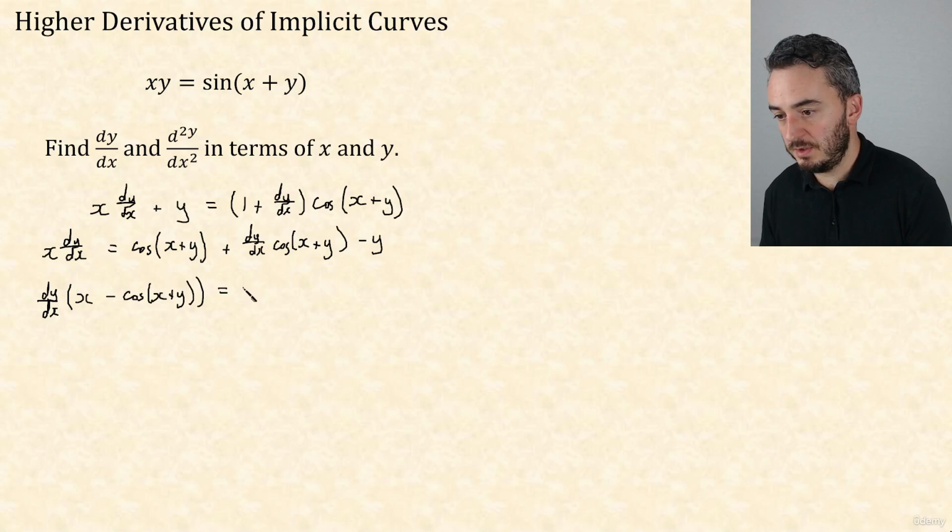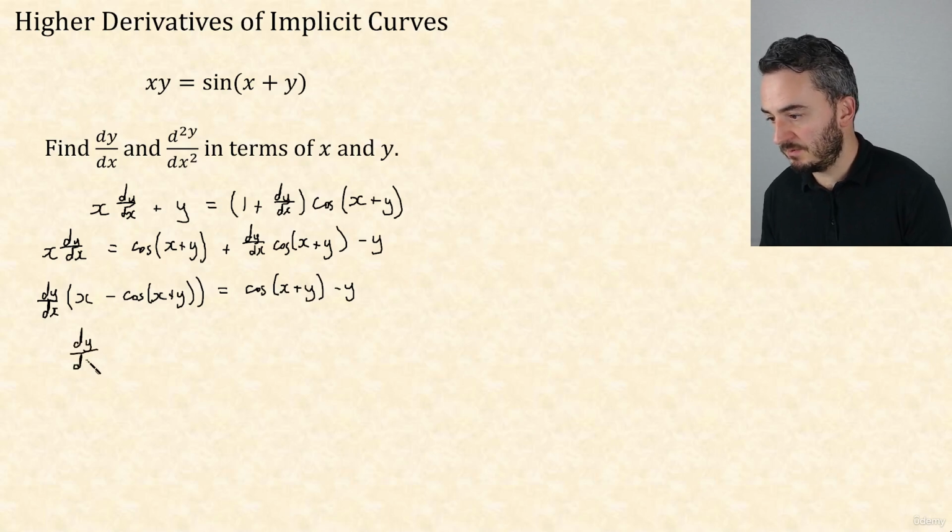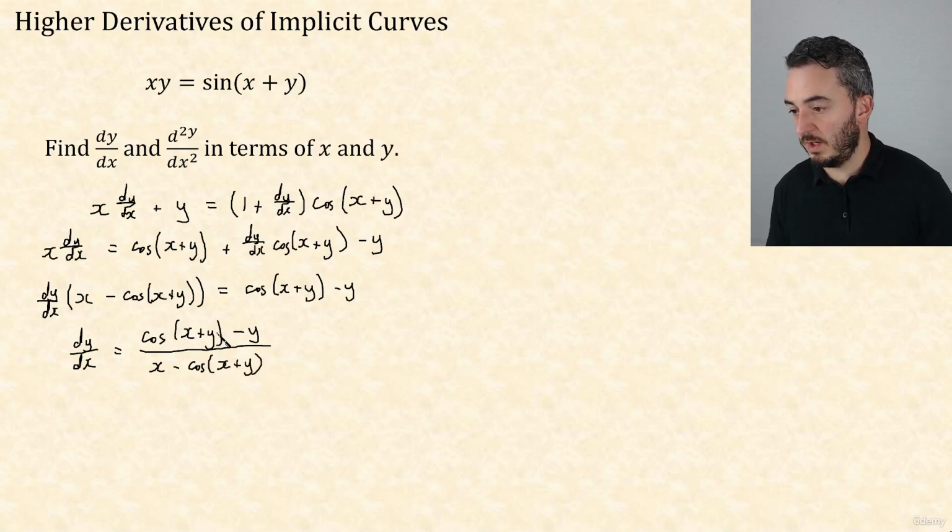And that's equal to cos(x + y) minus y, leading to dy/dx equals (cos(x + y) − y) over (x − cos(x + y)). So that's actually quite a cute result there. Lots of nice symmetries there.